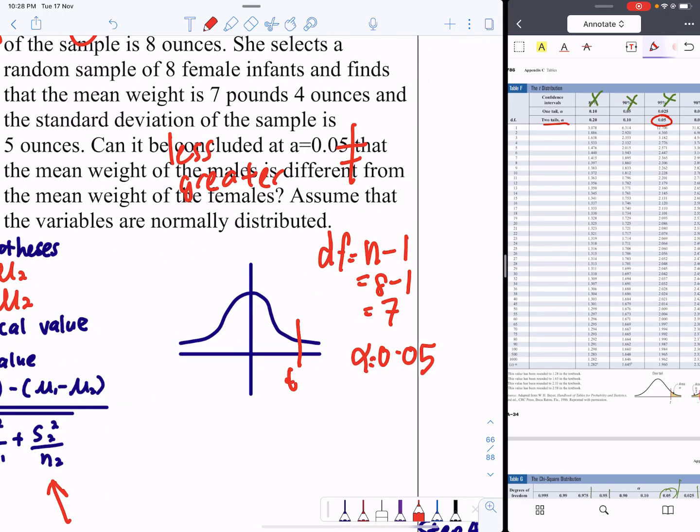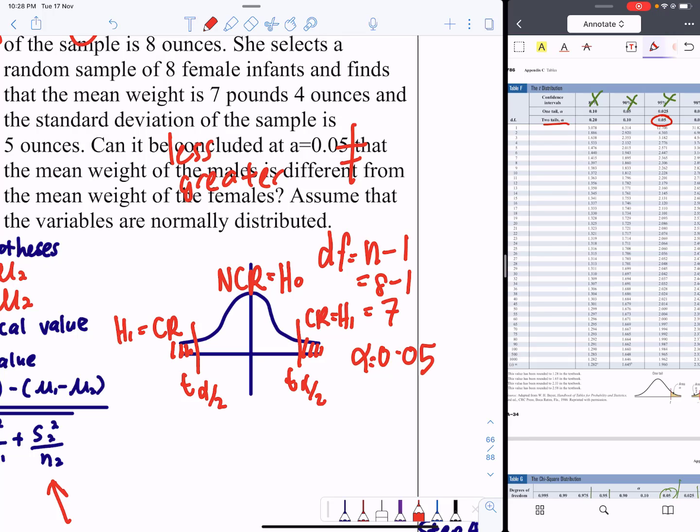Here we have t alpha divided by 2. Here is the critical region, here is the critical region. Here is the non-critical region, or the null hypothesis part. This one is the alternative hypothesis.